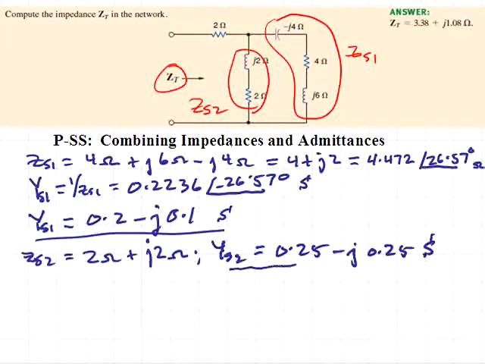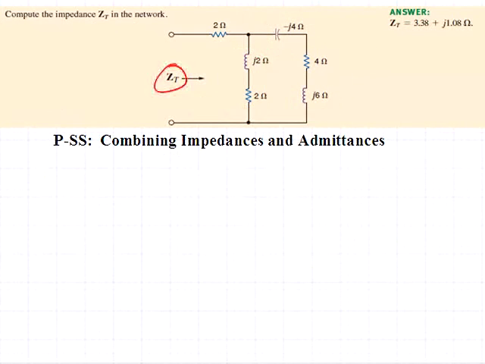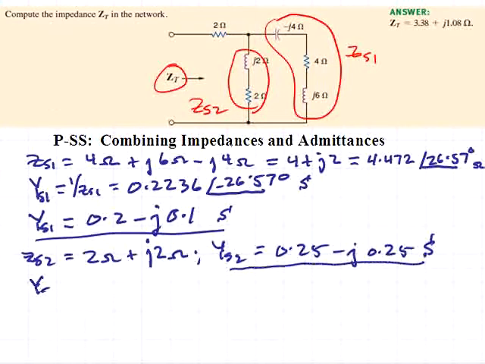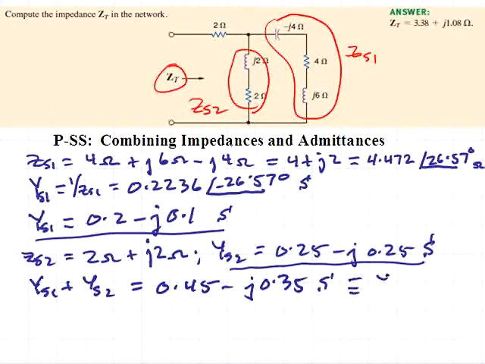We have these admittances written in the rectangular form because they are connected in parallel in the circuit, and we therefore add the admittances. So we have YS1 plus YS2 is equal to 0.45 minus J 0.35 Siemens, and we'll call this just Y12.